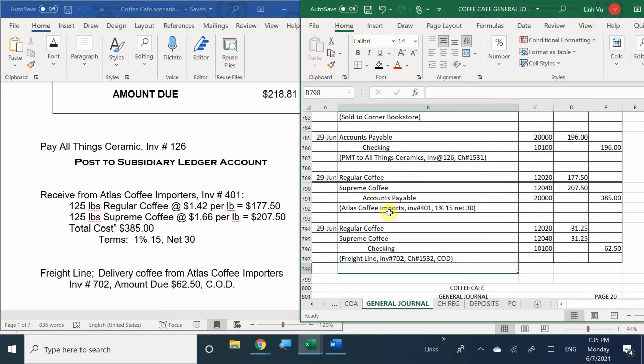Seeing our journal is done for the coffee we received, we're going to check our PO before I move on to the ledger. Okay, good. We have to go update our POs. Yes.